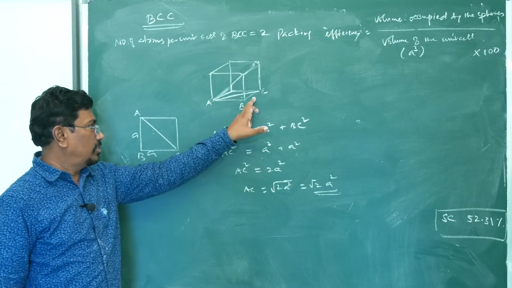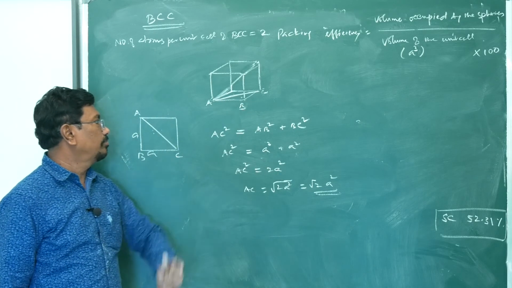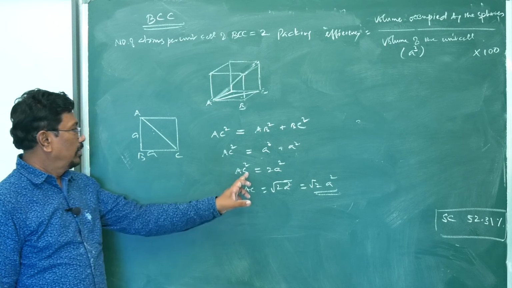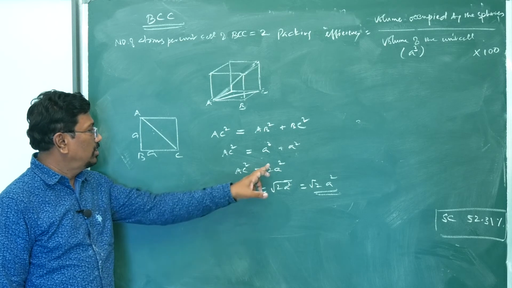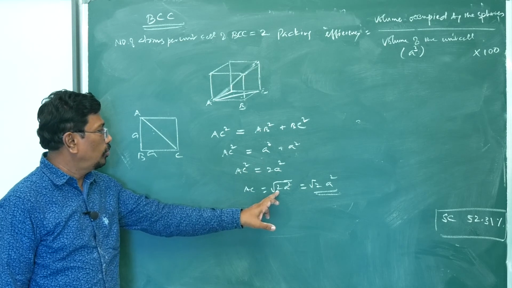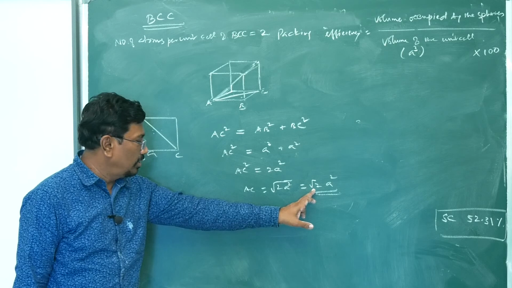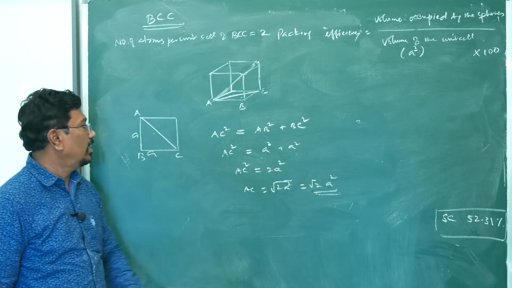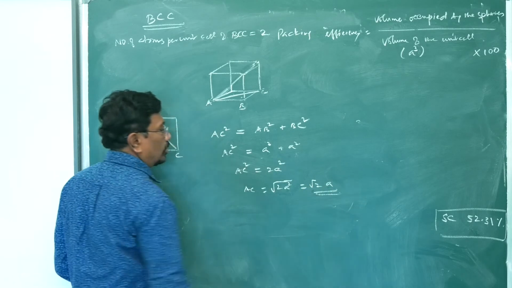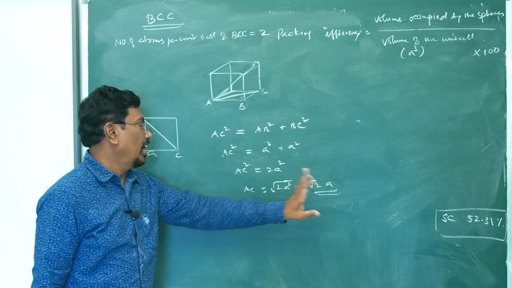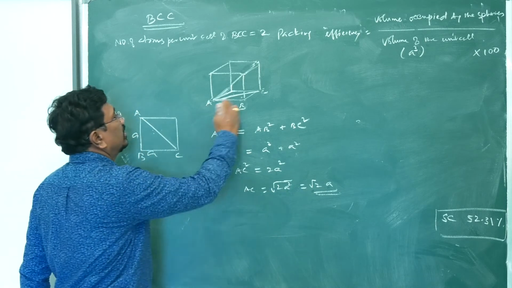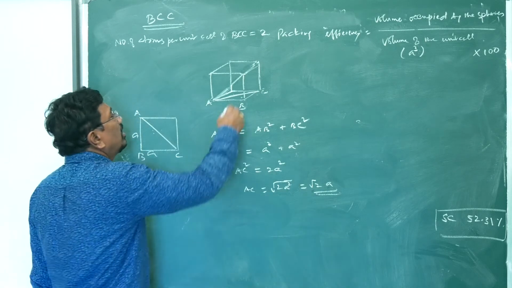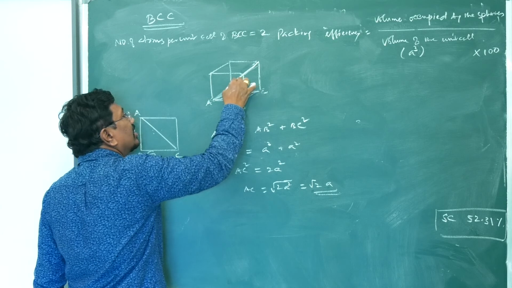A square plus A square is 2A square. If it is taken root, this also has to be taken root. Root 2 A square gives root 2 into A. That is AC. Now, I have to find out this length, this diagonal.